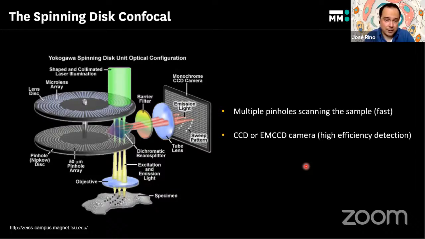On top of that, it might even be better than the wide field illumination system because of the way that we illuminate the sample, which is not continuously. Each point on the sample is illuminated briefly for short intervals.